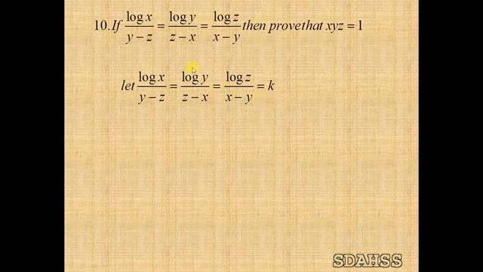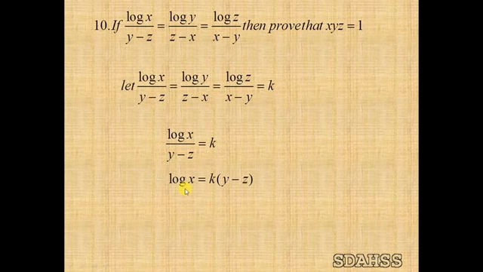Then equating log x by y minus z is equal to k. Cross multiply. Log x is equal to k into y minus z. Taking e on both sides, e and log cancel, so remaining you have x is equal to e power k into y minus z.